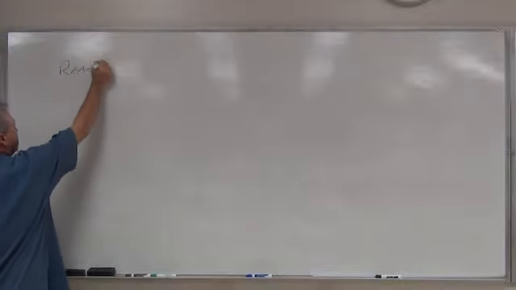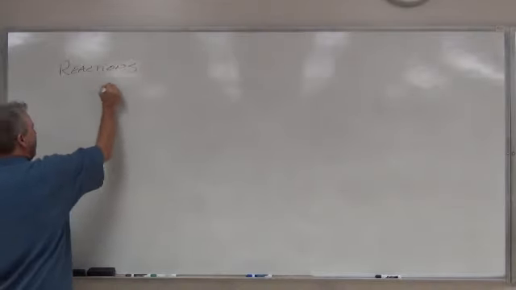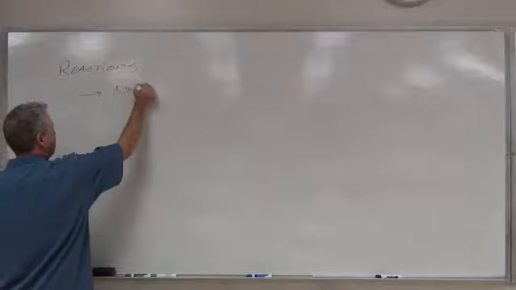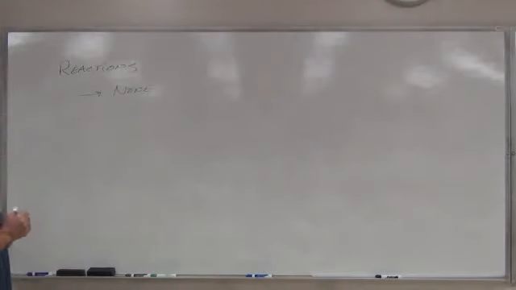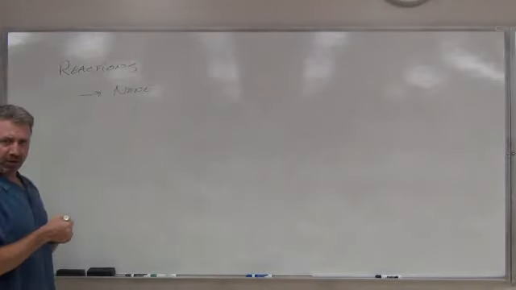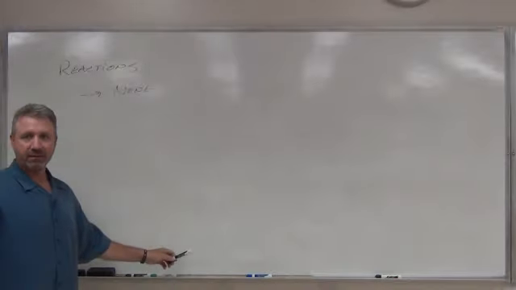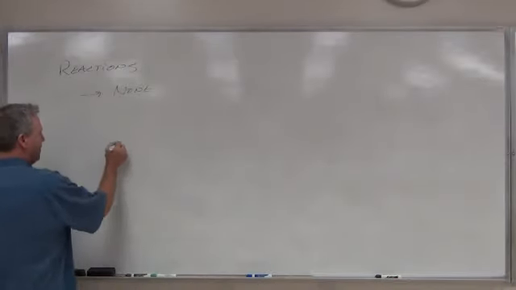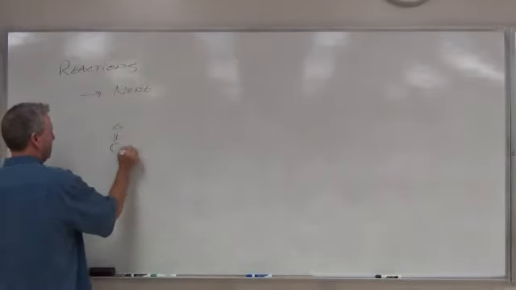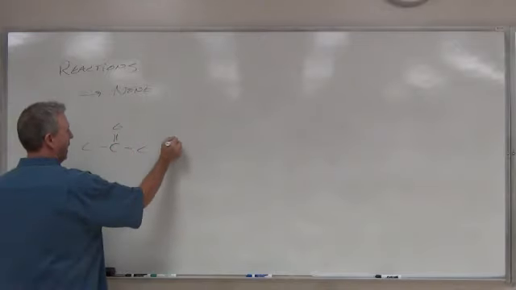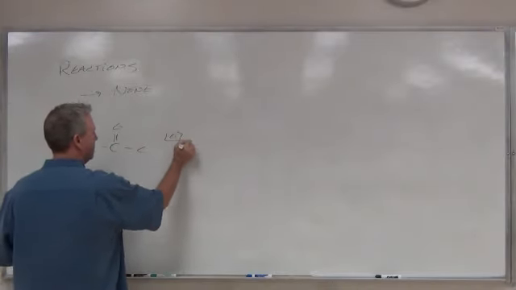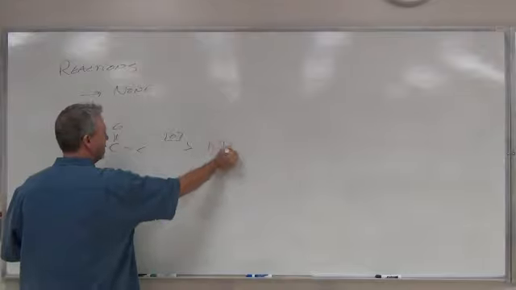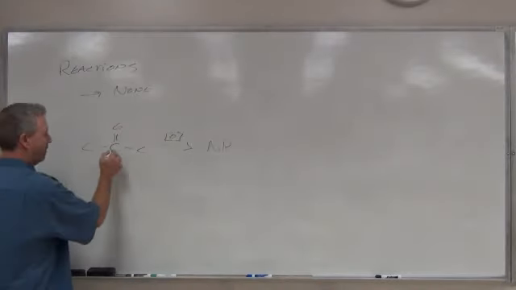Okay, reactions. For ketones, you guys will like this one the best, right? None. Ketones don't undergo oxidation, right? We have a ketone that will not oxidize, just like the tertiary alcohols.